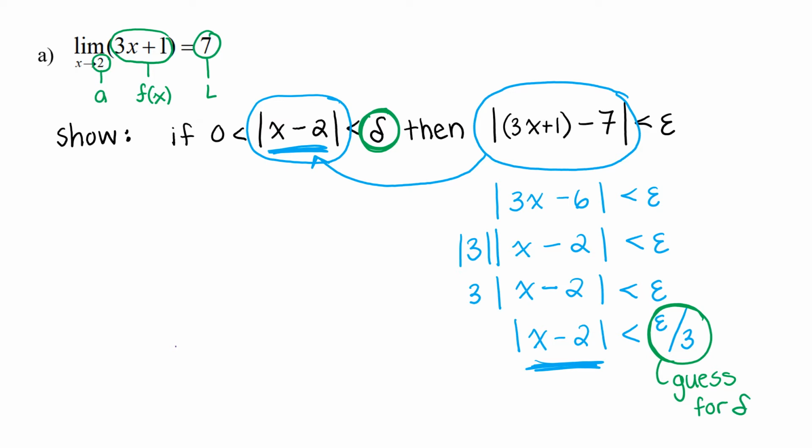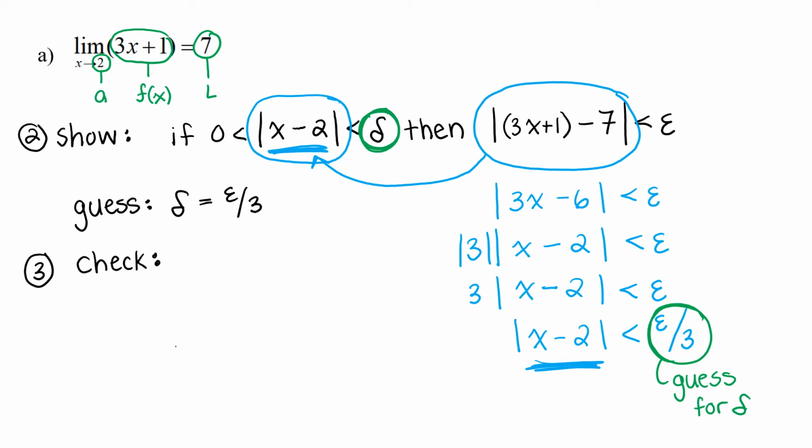So let's do it. Let's guess that delta is equal to epsilon over 3. So anytime we come up with an epsilon, we can get delta by dividing that epsilon by 3, and we'll still end up with the correct inequality. Then step 3, this is all step 2, will be to actually check this.